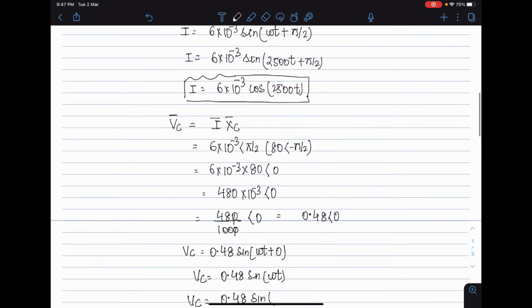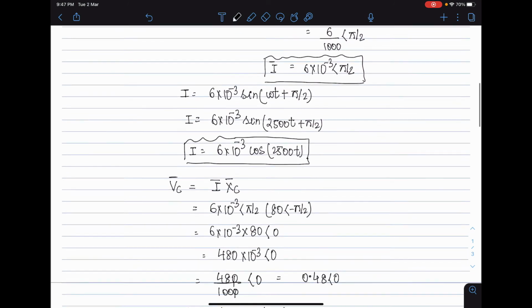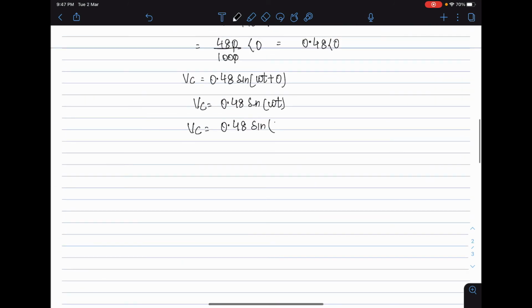Omega value we can put here. Omega is nothing but 2500 radian per second. So this is 2500 t, right? So this is the expression for potential difference across the capacitor.